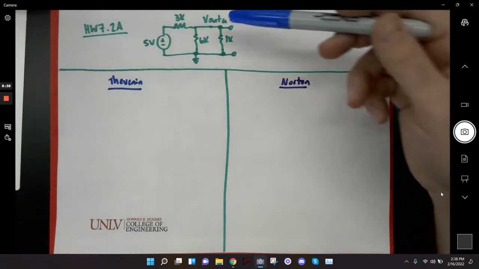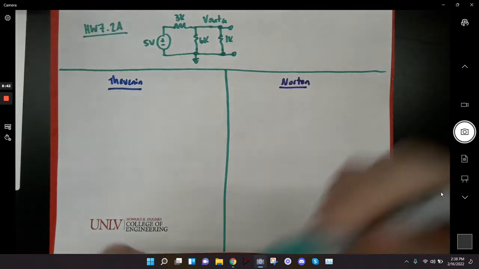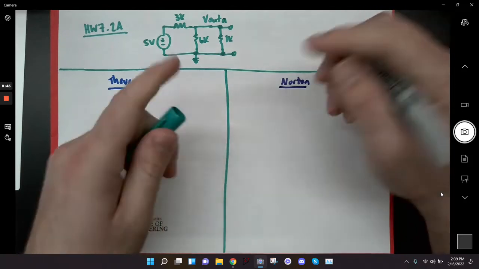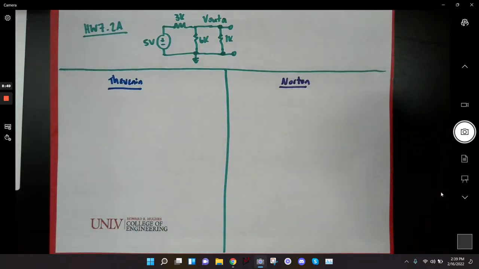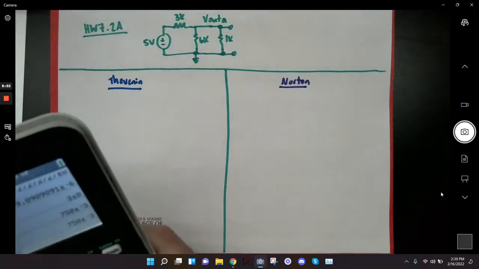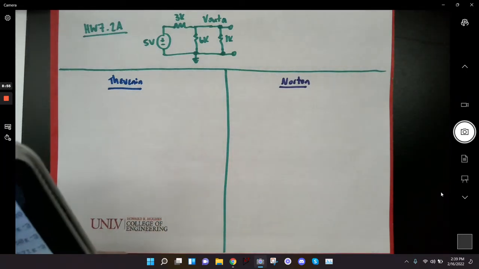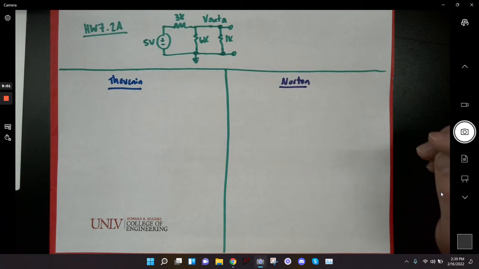If I'm going to solve this circuit, I would combine the 6K and the 1K in parallel, and then I have just a voltage divider. So 6K in parallel with 1K is 6 over 7, which gives me 0.857K. Does that sound right to everybody?